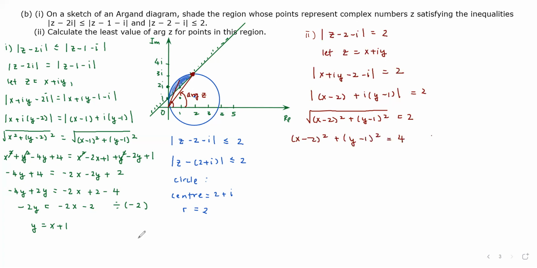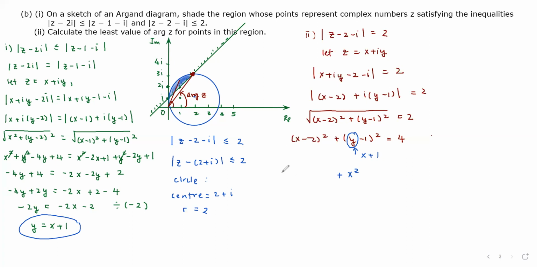Because we are finding the points of intersection, we can replace this y with x plus 1, which is the equation of the line. So when y is replaced with x plus 1, the y minus 1 part becomes x, giving x squared.